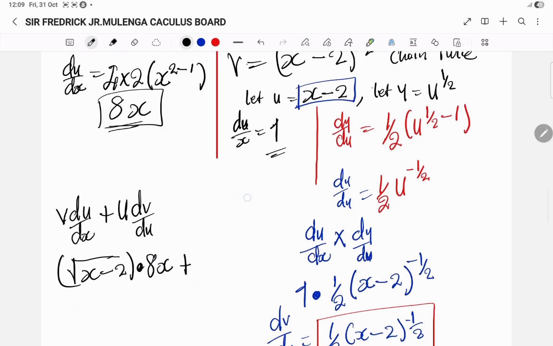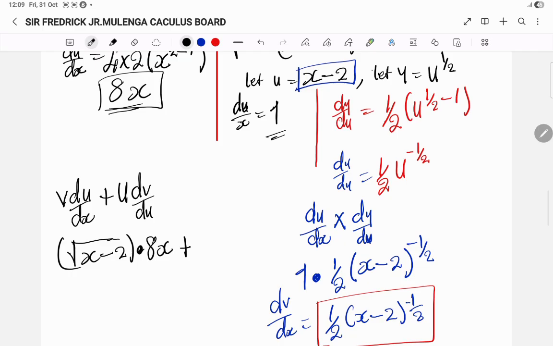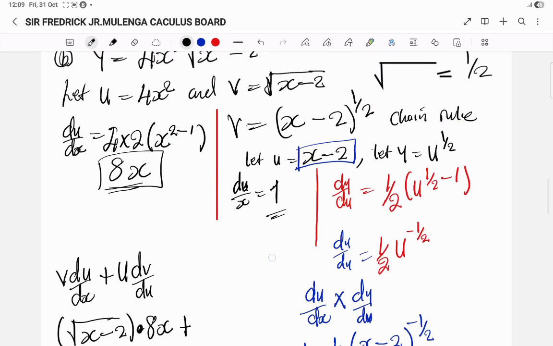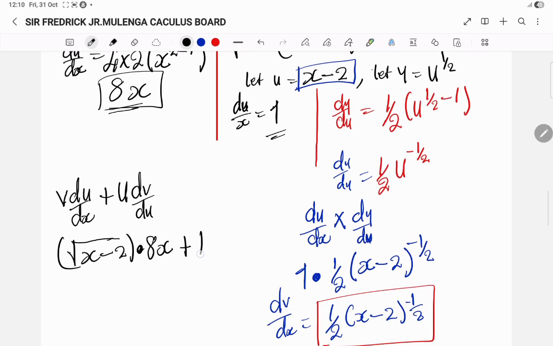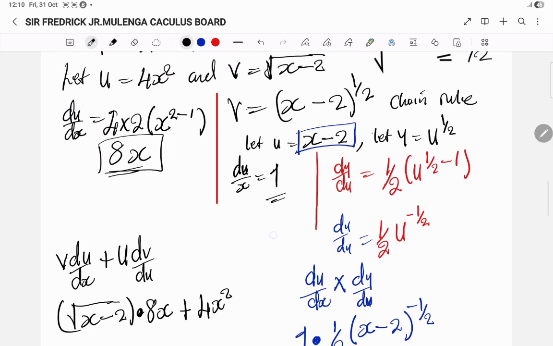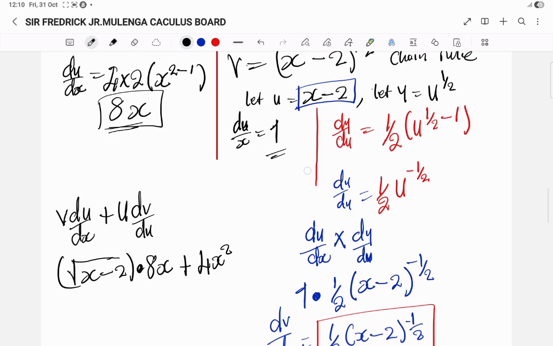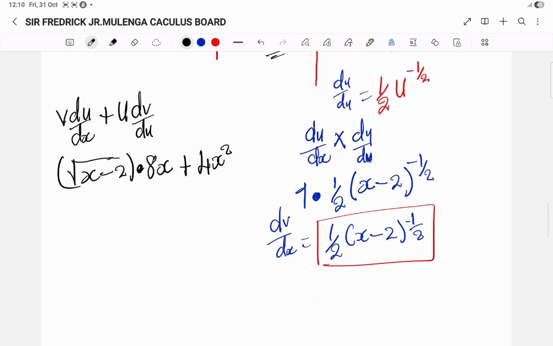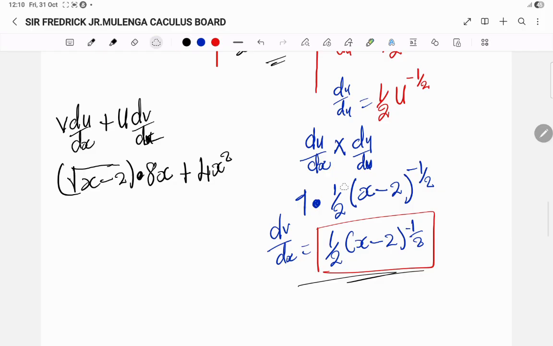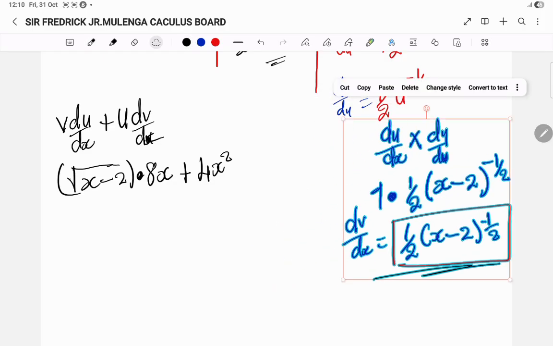Then plus, what is my u? My u is 4x squared. Then what is my dv du? My dv dx is this, so I'm going to replace this there.